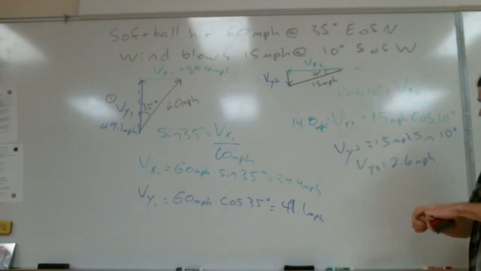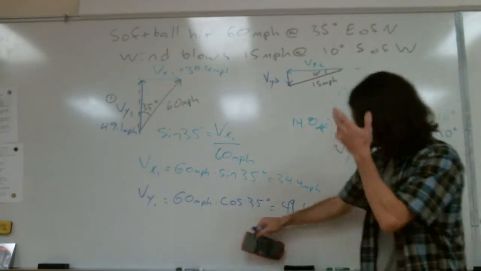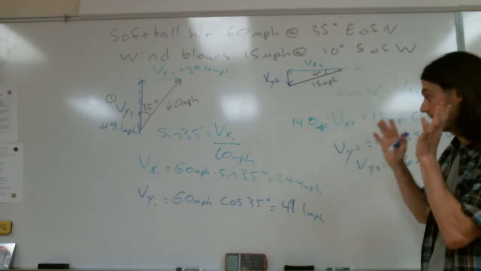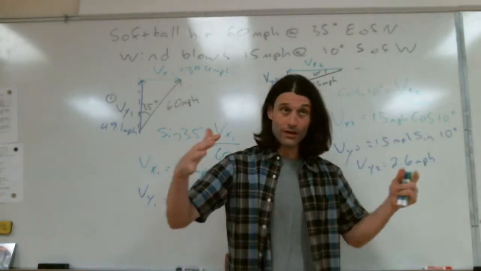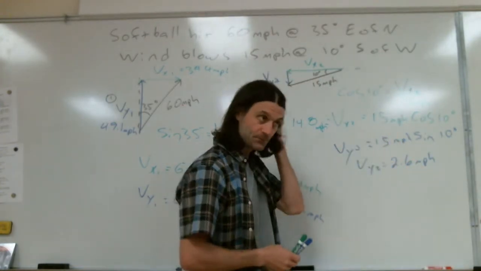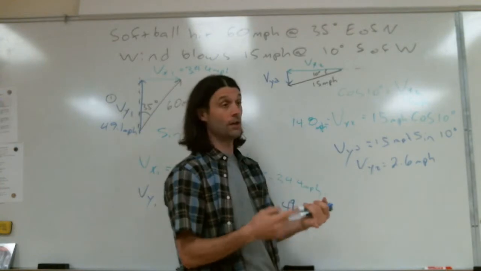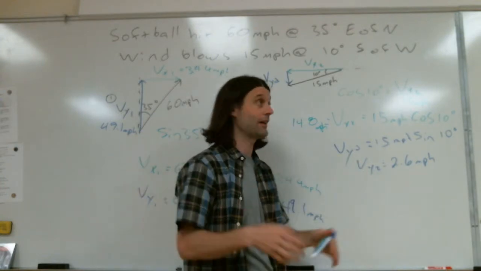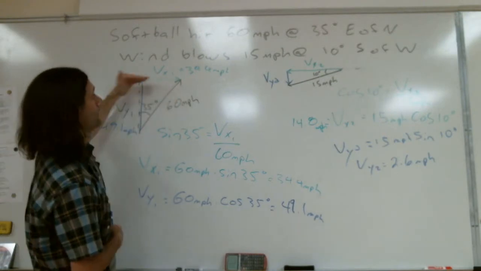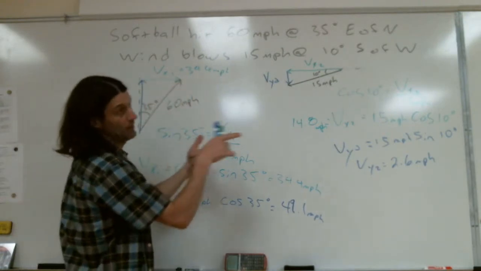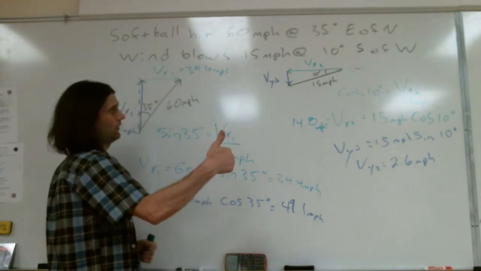All right? So now we have to double check a few things. First of all, the sign: when we combine and push the plus button, are we going to push the plus button or the minus button? Since this green arrow in the x is to the right, that 34 is in the positive direction.